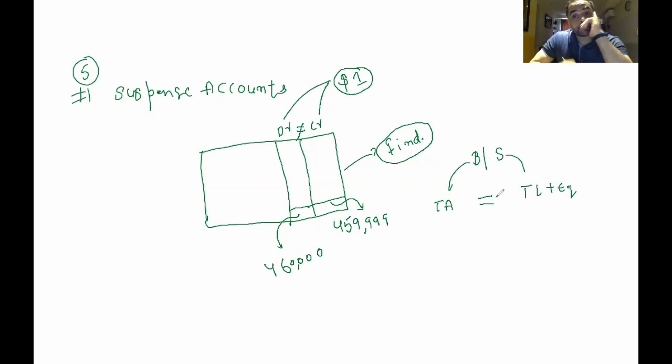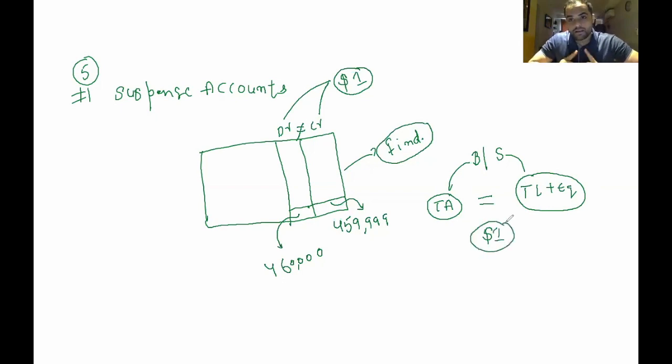Because there is a $1 difference between the credit side and debit side, then obviously the balance of total assets may not be equal to the balance of total liability. And again, the difference is, let's say, $1.